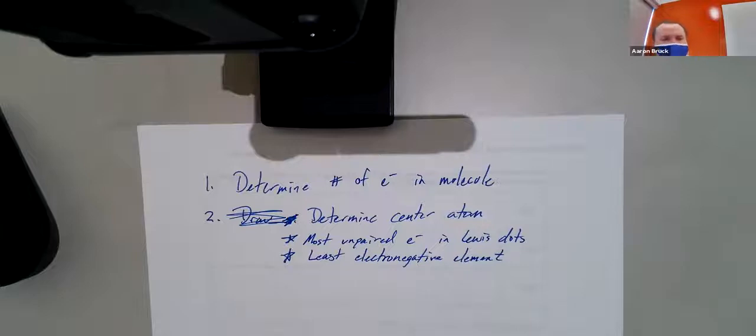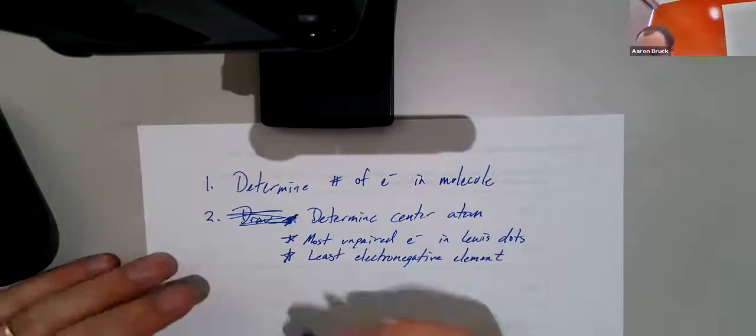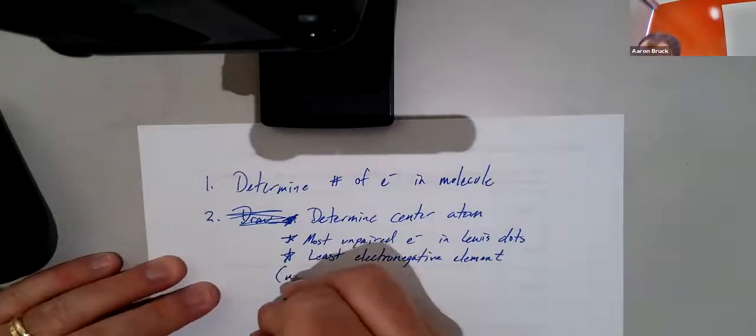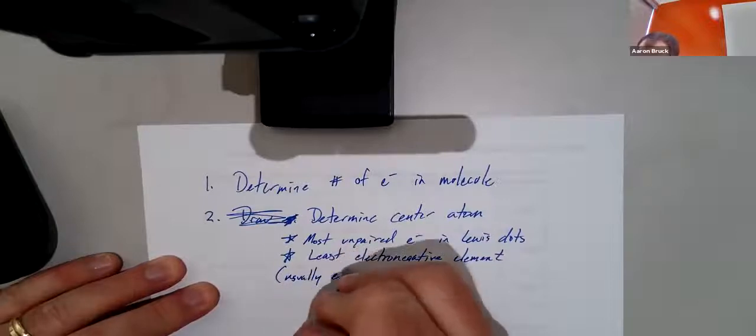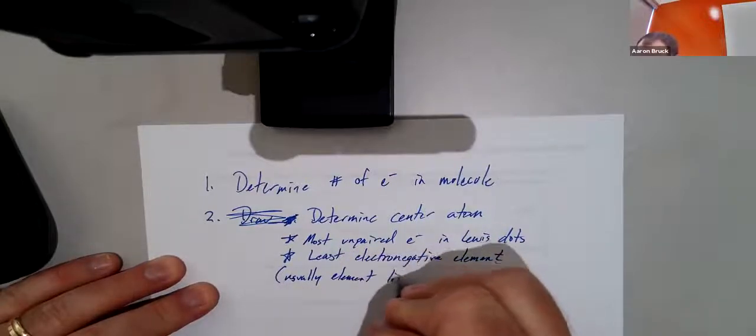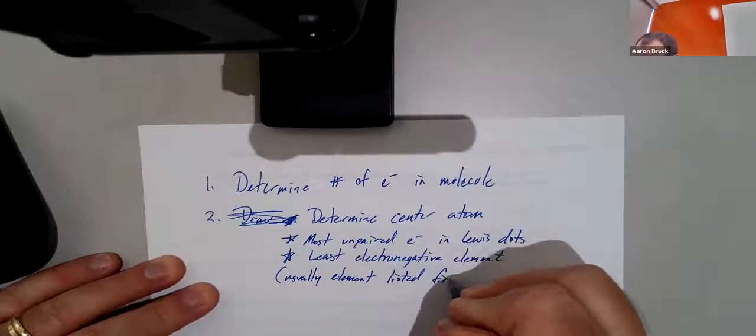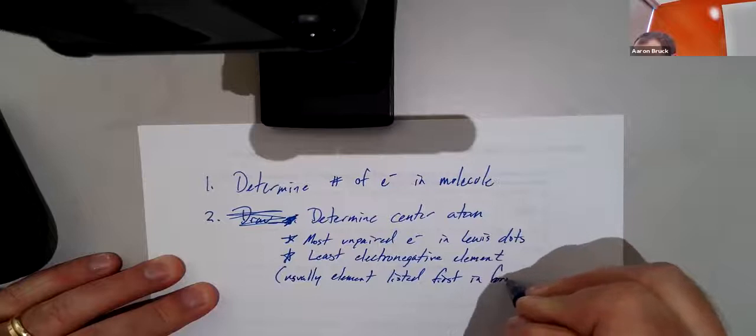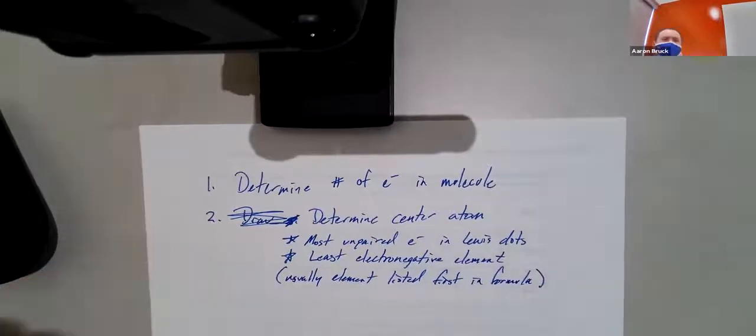Now, these two principles usually kind of coincide with one another. The least electronegative element also tends to be the one that has the most unpaired dots. Another hint that we are usually given is that the center atom is usually the element that is listed first in the formula.